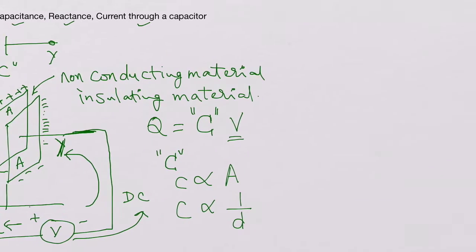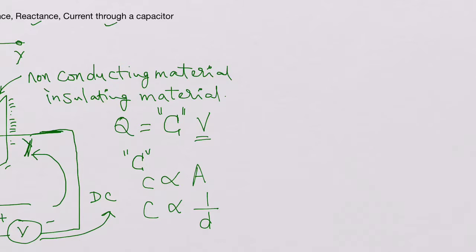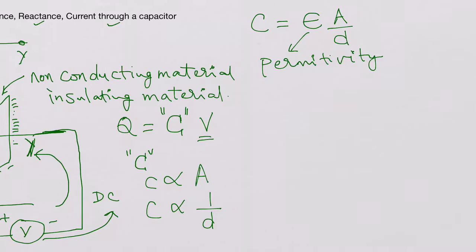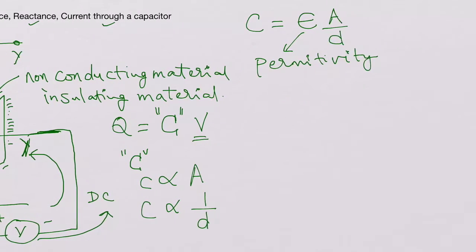So C is written as the proportionality constant, you put epsilon A over D. This epsilon is the permittivity of the material that is in between the two plates.